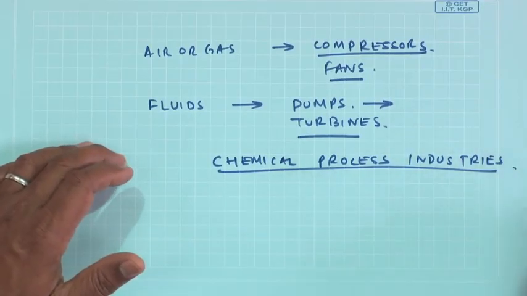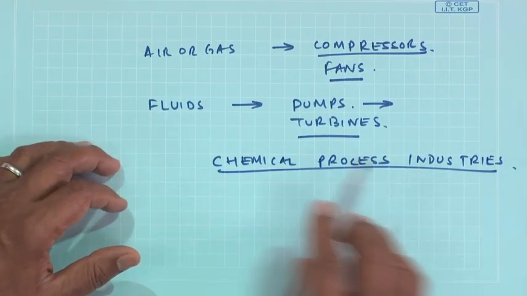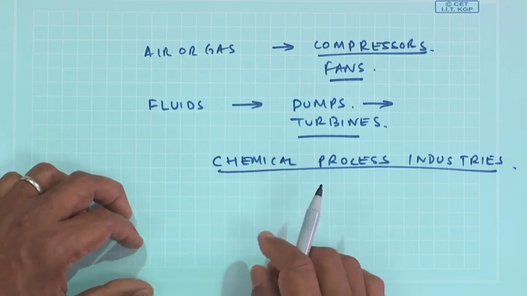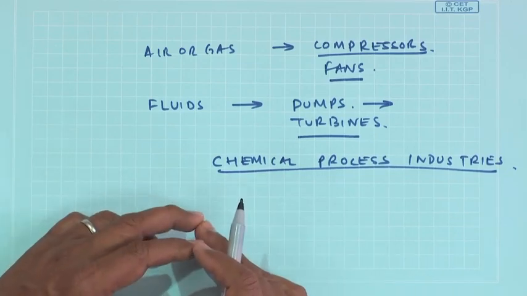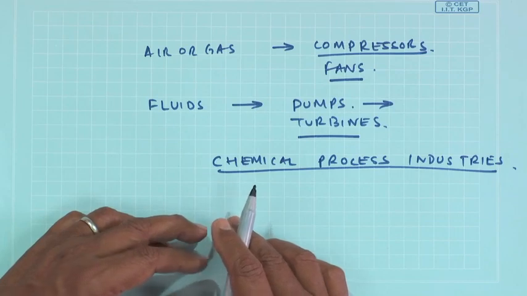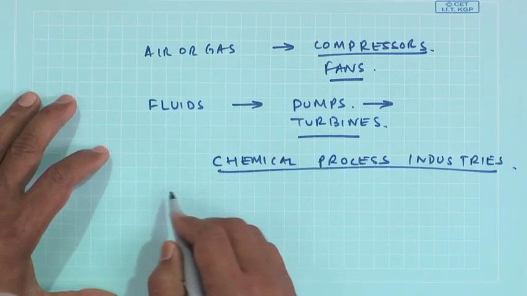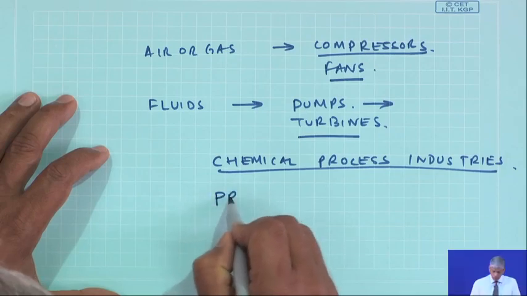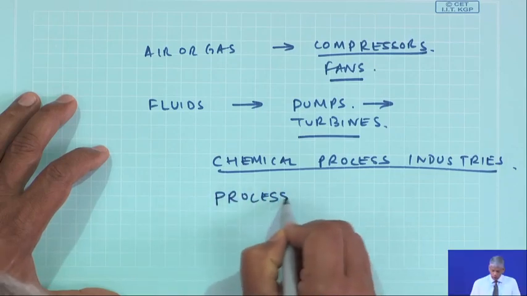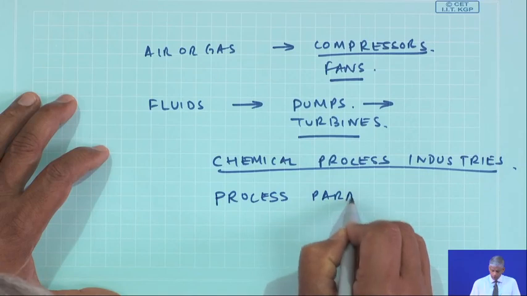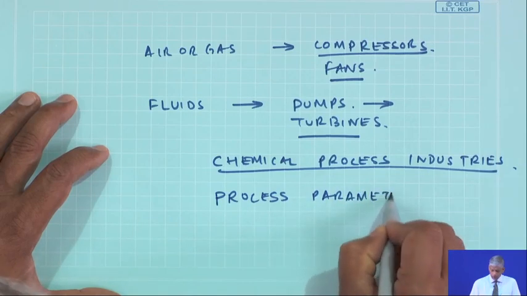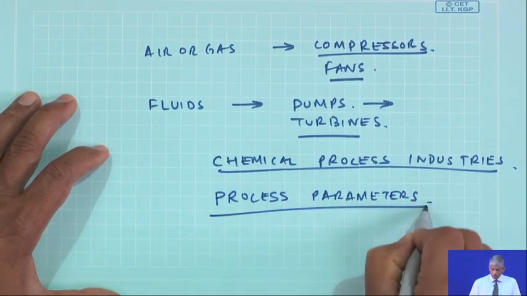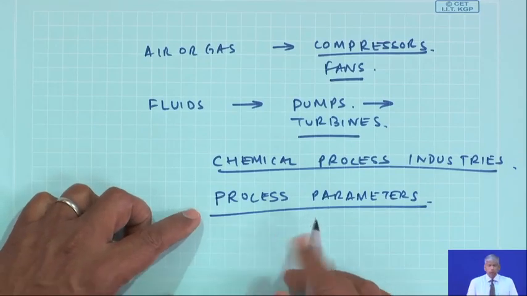And of course, they can be classified depending on the kind of flow, the direction of the flow, the kind of energy which is transmitted and so on. But in chemical process industries, a lot of the process parameters do get affected. What are the process parameters?